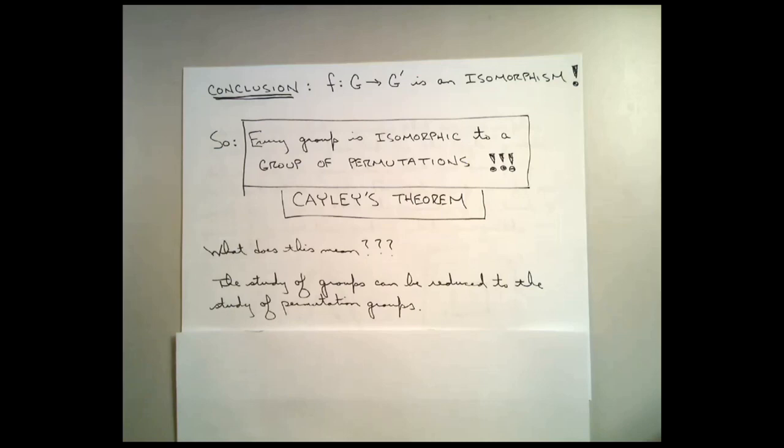If we know everything there is to know about permutation groups, and we don't, but everything that we do know about permutation groups, we know about all groups, because if we want to answer a question about a particular group, we can find a permutation group that's isomorphic to the group in question, answer the question in the setting of permutation groups, and then translate that answer back into the setting that we're working in.